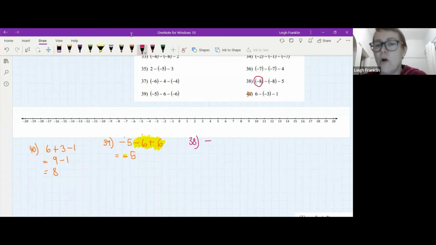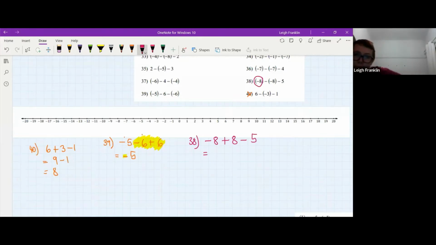Negative 8. Okay, so you said negative 8, and then plus 8. Lovely. So what would your final answer be here? It'll be negative 16 minus 5 gives me negative 11.